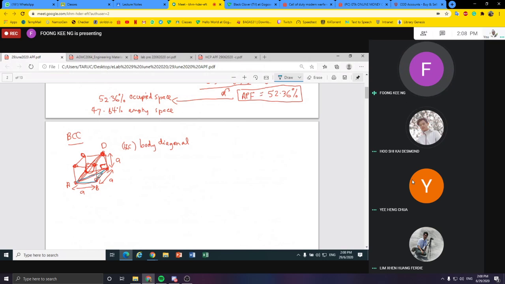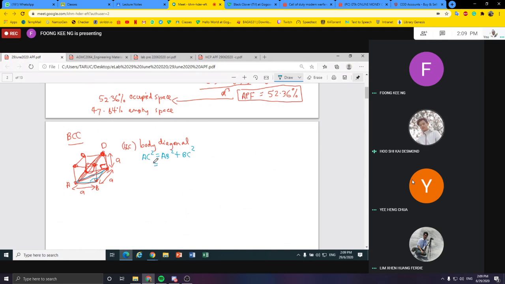By Pythagoras theorem, this is a right angle triangle, so we have AC squared equals AB squared plus BC squared. Agree? Yes. All right. So what do we do after that? Fill in the blank. What's AB?